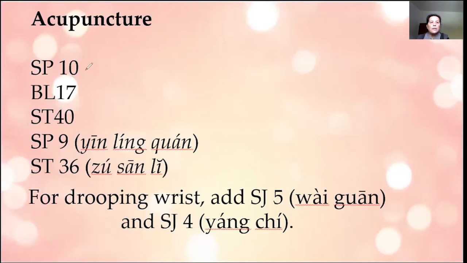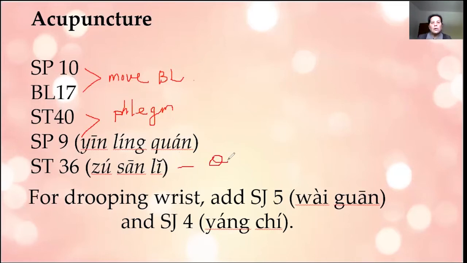But generally speaking, we can still pick some points like Spleen 10, Bladder 17 to move blood, and Stomach 40, Spleen 9 to resolve phlegm, and Stomach 36, Ren 25. The underlying body condition is still deficiency.